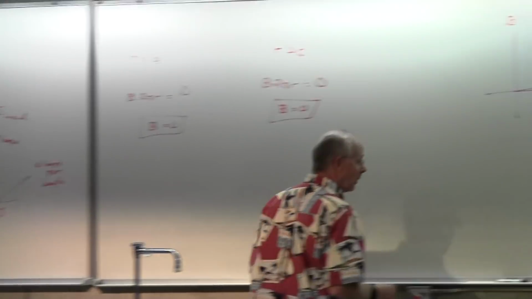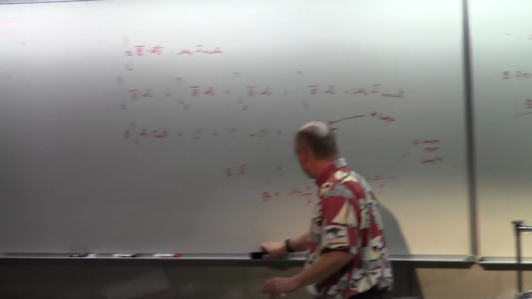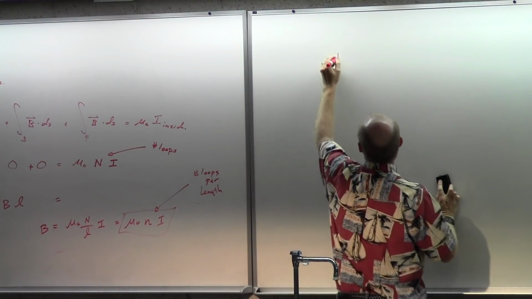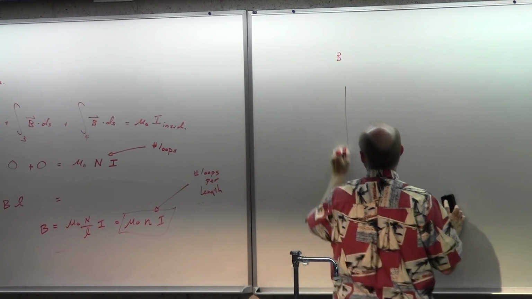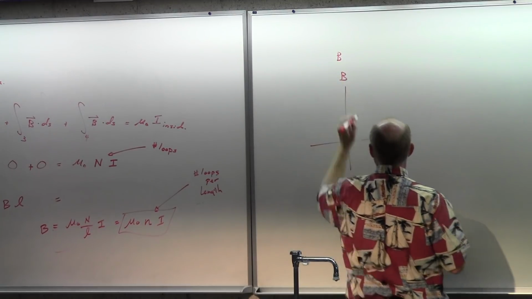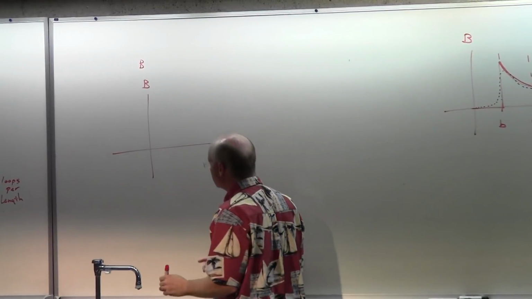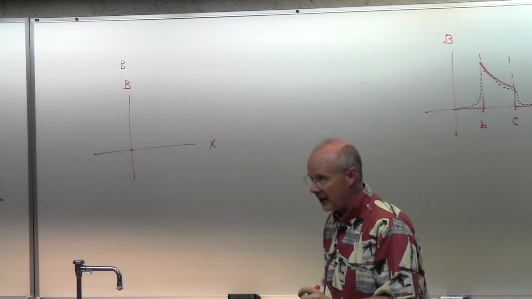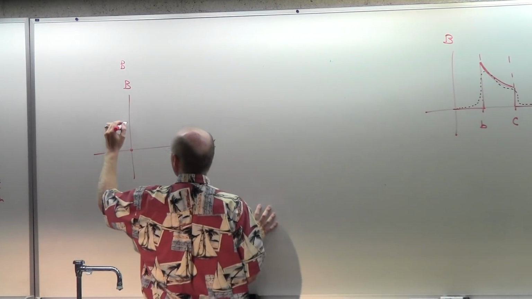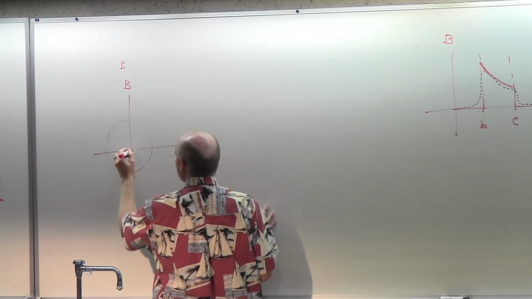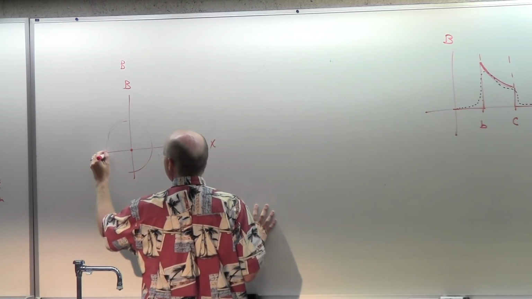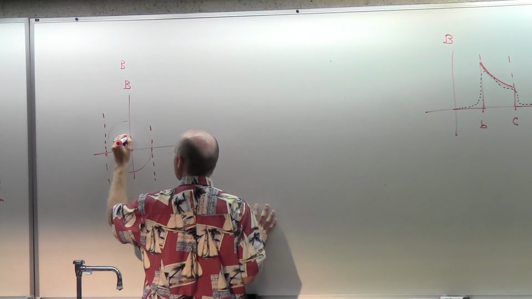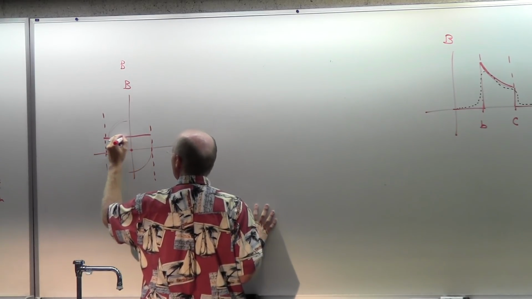And hopefully what you will get is what we just roughly calculated. If this is the B field, and this is the strength of the field on the x-axis, and I define x equaling 0 to be the center of my toroid, then I will get a magnetic field that has a constant value inside.